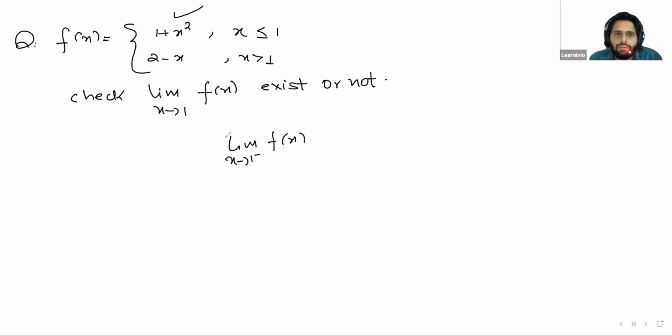Okay, so Sparsh, RHL you are getting 1 है ना? Yes sir. Okay, this is correct. So limit exists or not? Sir, no. No. Very good.